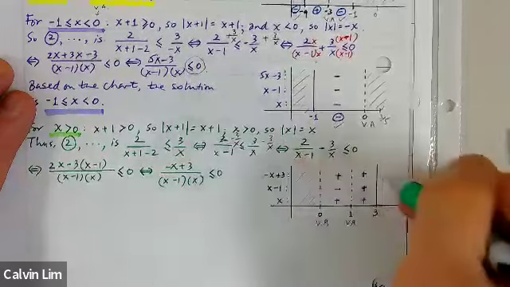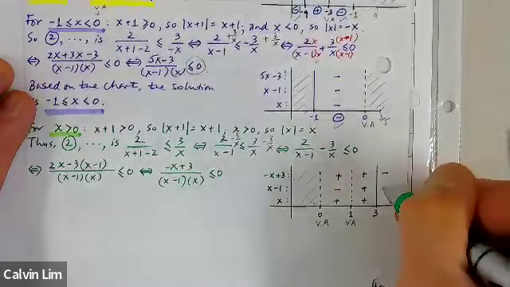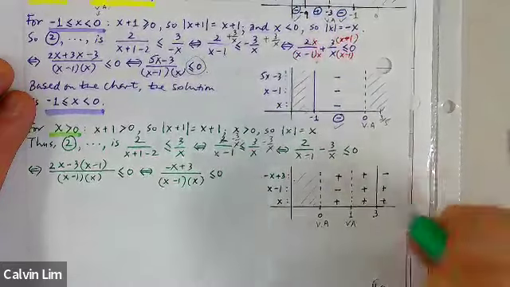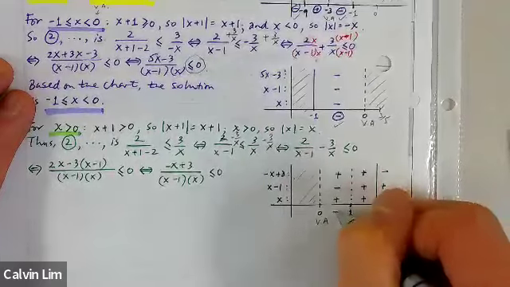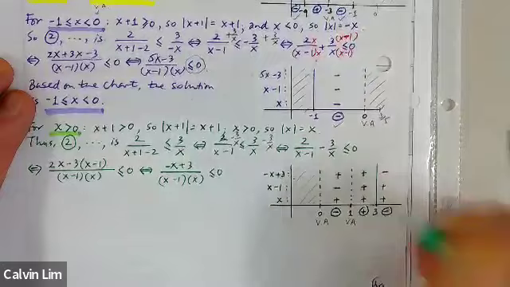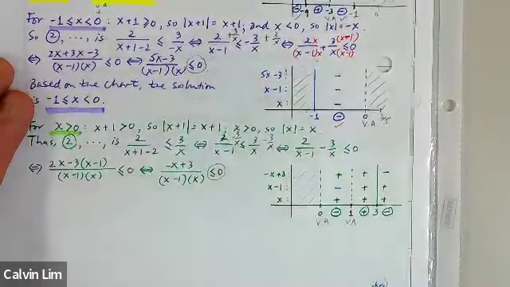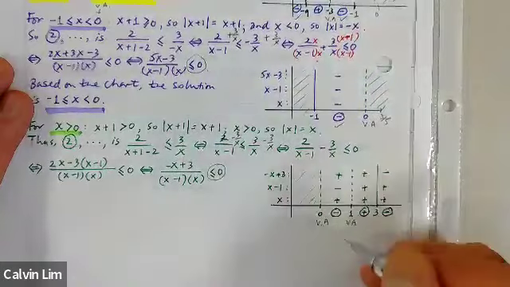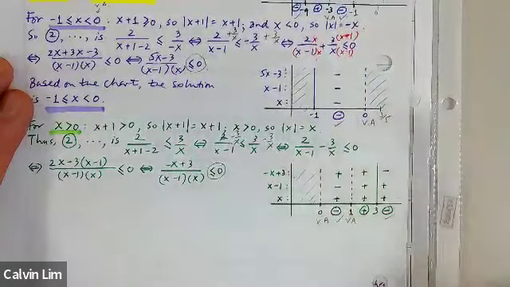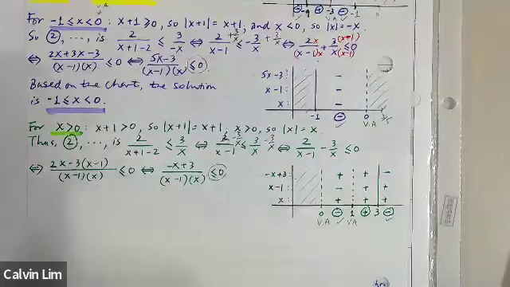Greater than 3, this is now negative, because it's negative x plus 3, and this is positive, and this is positive. So the net results are negative in this region, positive in this region, and negative in this region. And since we are solving for less than or equal to 0, we have 2 regions that would satisfy this inequality.